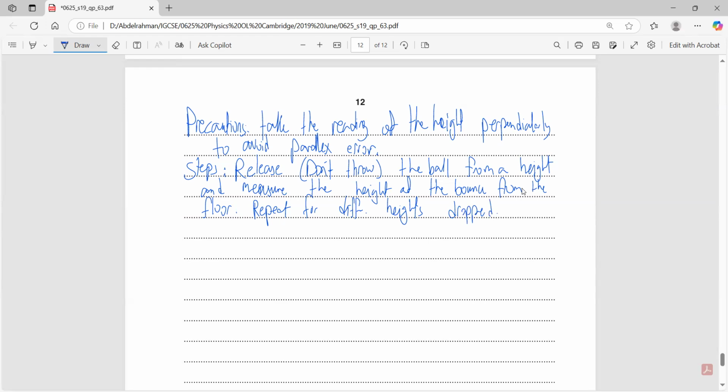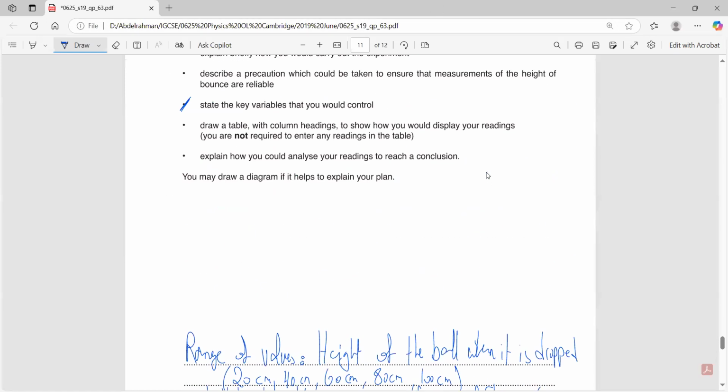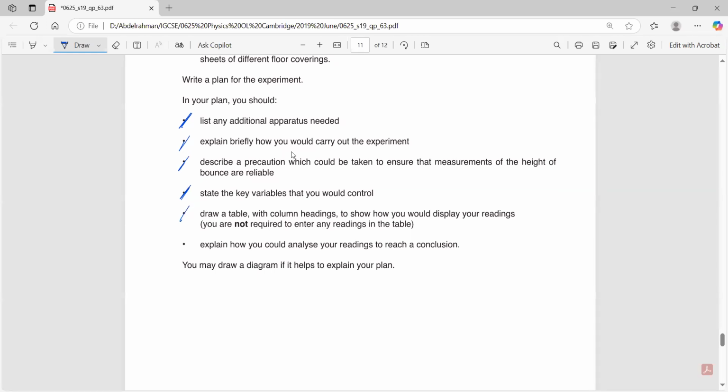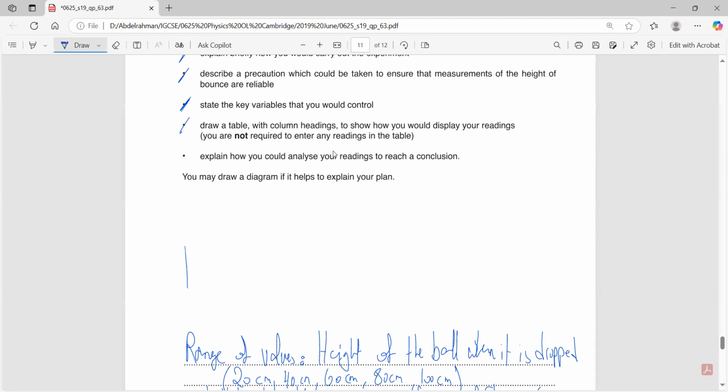Can I draw a table? Yes, he wants me to draw a table. Explain briefly, precaution. Can I draw the table and then write down a conclusion? If you want to draw the table in this empty space, it's okay. If you want to write down the table on the dotted lines, it is also okay.